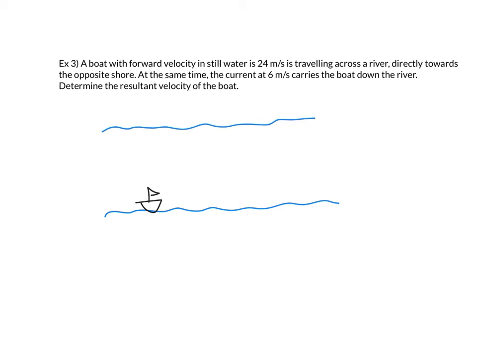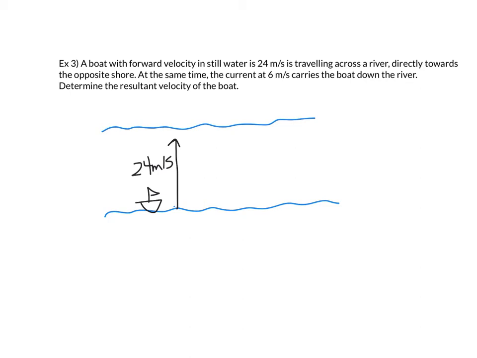All right, so in this example, we have a boat with forward velocity in still water, and its velocity is 24 meters per second. It's going to be traveling across a river directly towards the opposite shore. So I have this boat, and it is traveling across a river with a forward velocity of 24 meters per second.